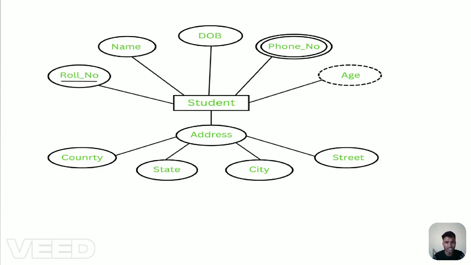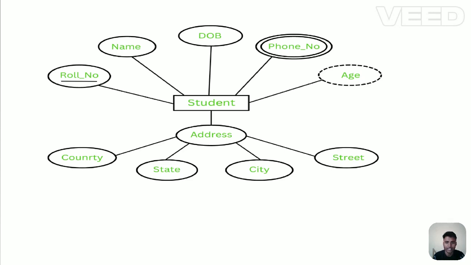So this is the structure, or we can say the ER diagram, of a student. Student has a roll number, which is the key attribute, uniquely representing the student. Then name, DOB, these are normal attributes. Phone number in this case is a multi-valued attribute, and age is a derived attribute.